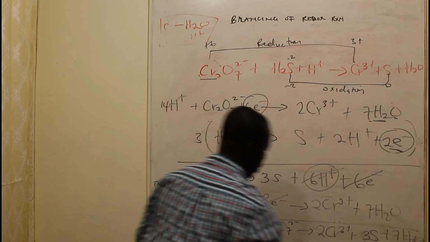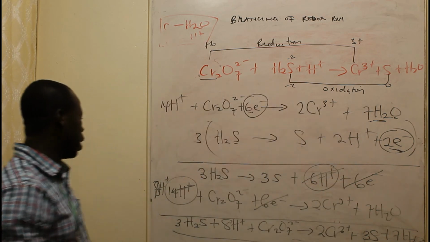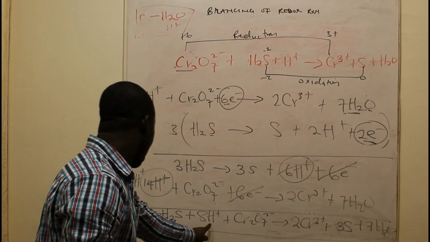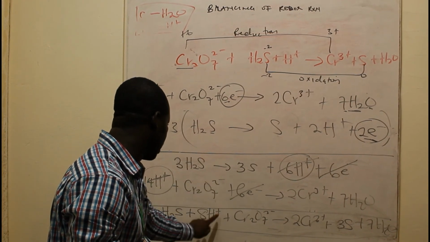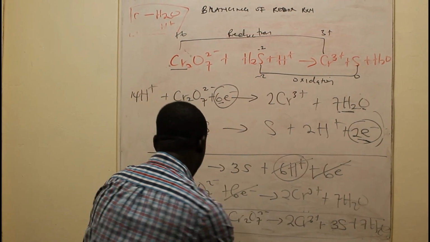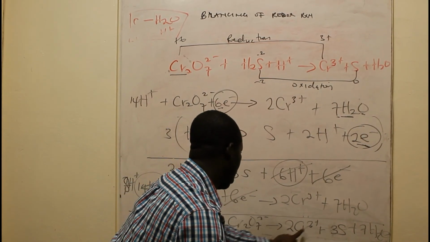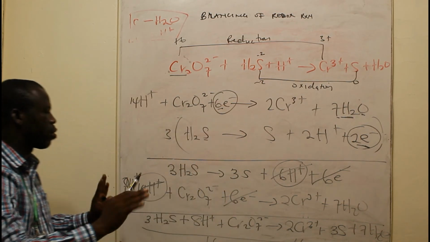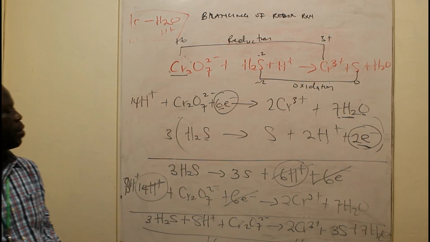We are done with that. If you check the charges, you realize that they will be the same. 8 pluses minus 2 will be 6, so that's 6 here. And here, 2 times 3 will be 6 plus. If the charges are equal, then you are done with the balance.